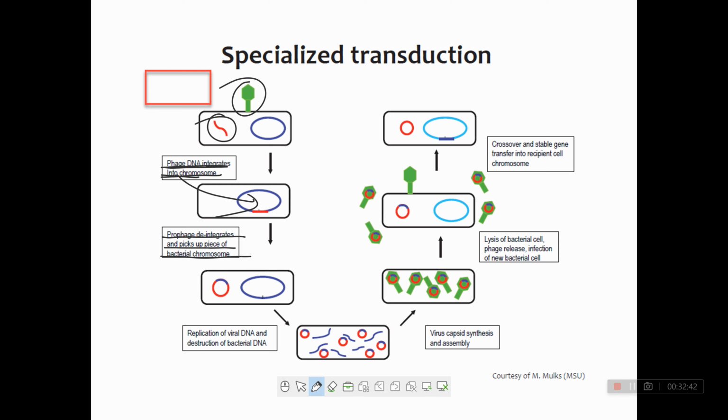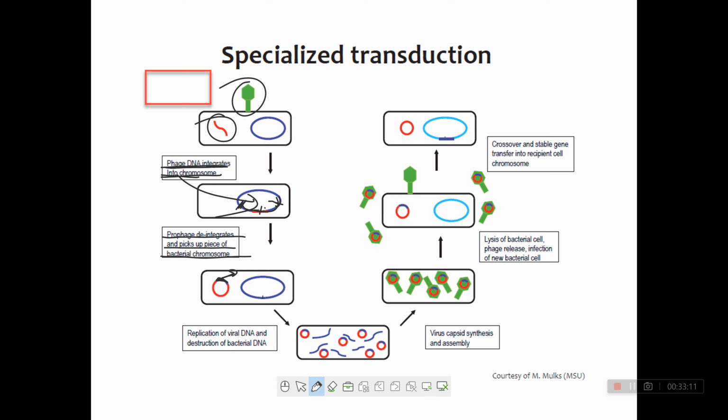So the prophage combines with one small piece of the donor DNA. See, this is the donor DNA, so they take a small part of the donor DNA.